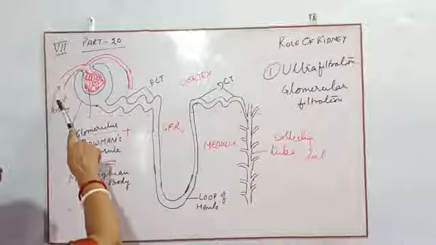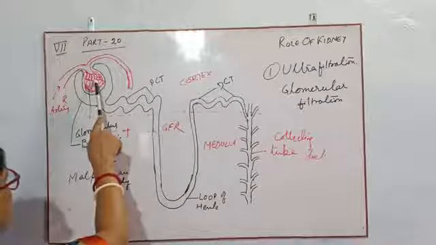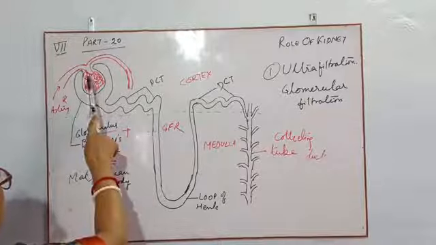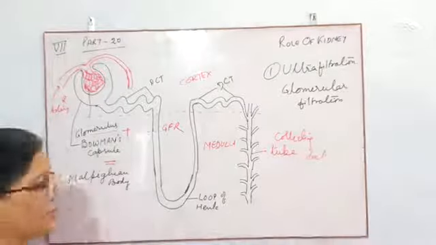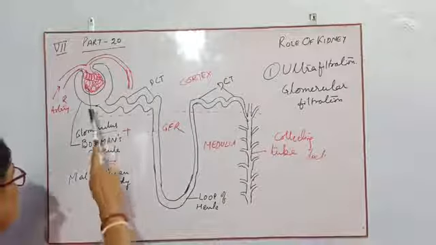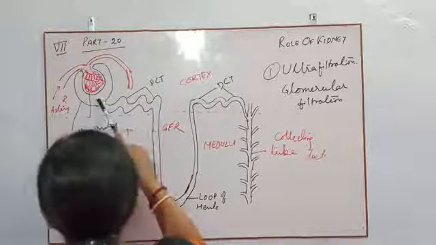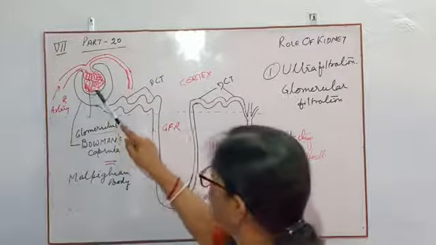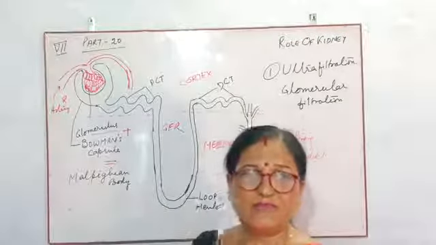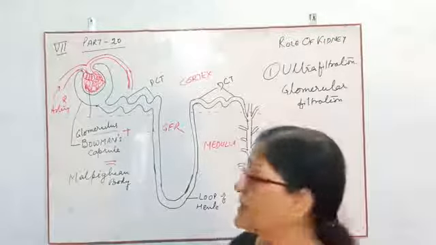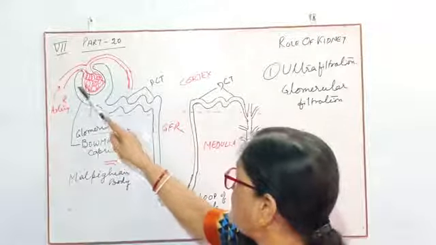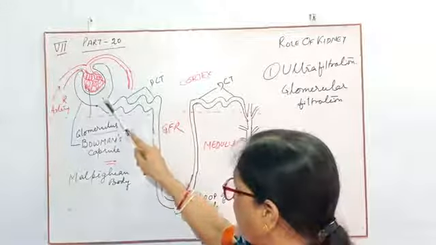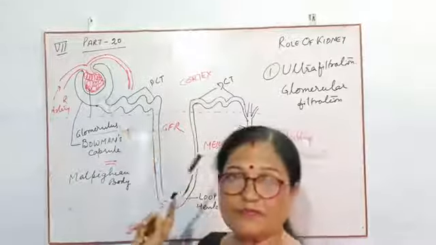So the artery changes into capillaries, and this capillary forms a knot-like structure, that is the glomerulus. When this blood reaches the glomerulus, then through the thin wall of the capillary, liquid material comes inside the Bowman's capsule.